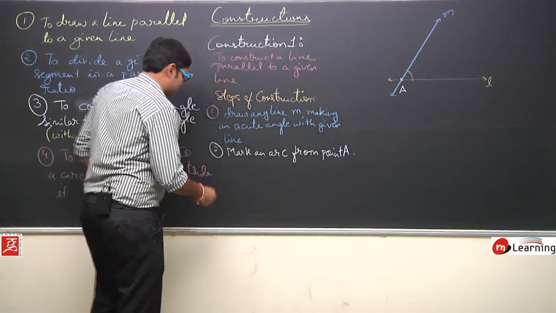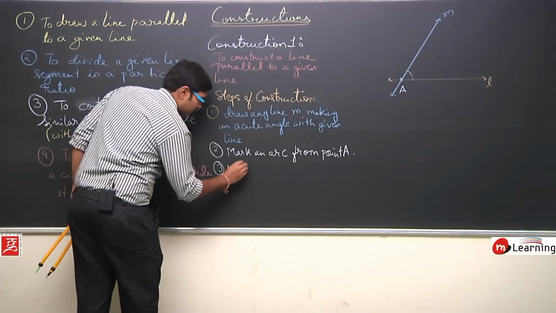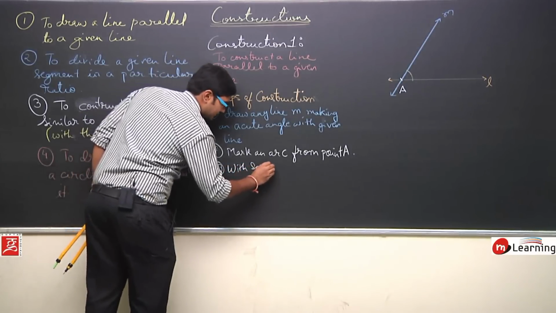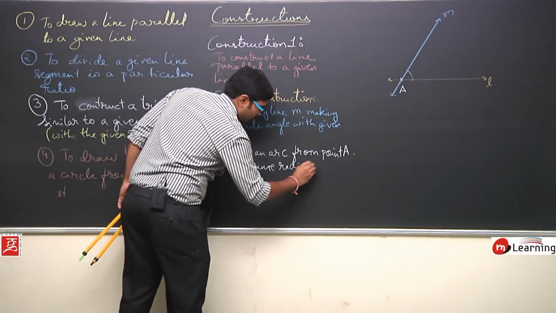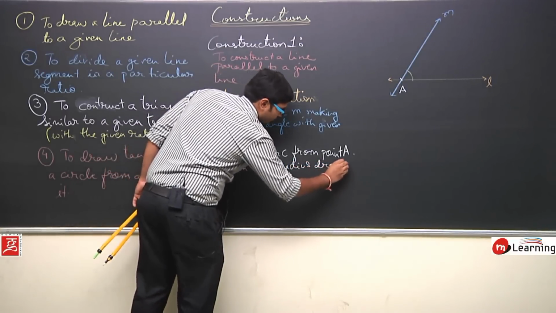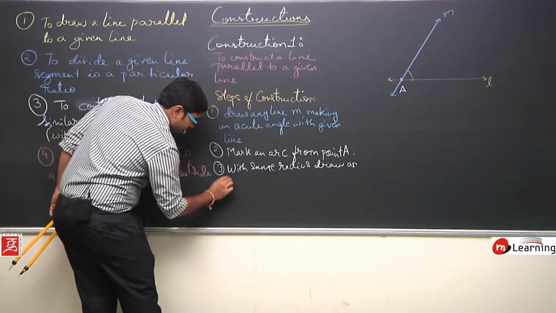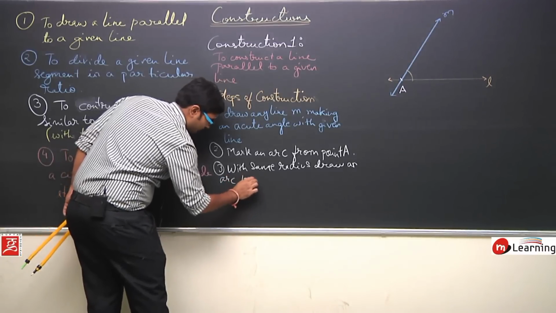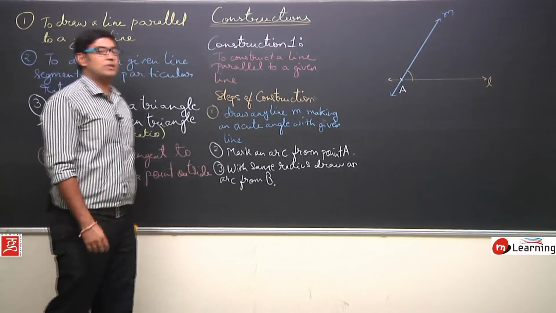Now the third step is, with the same radius, draw an arc from B. Draw an arc from B.